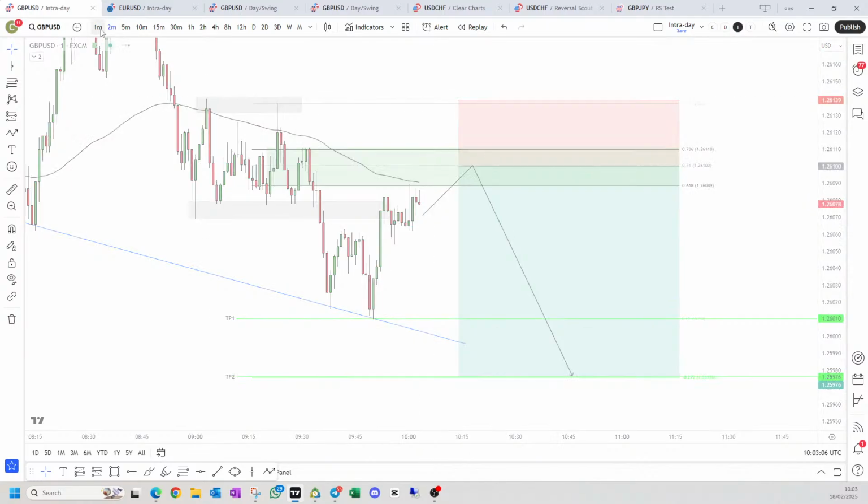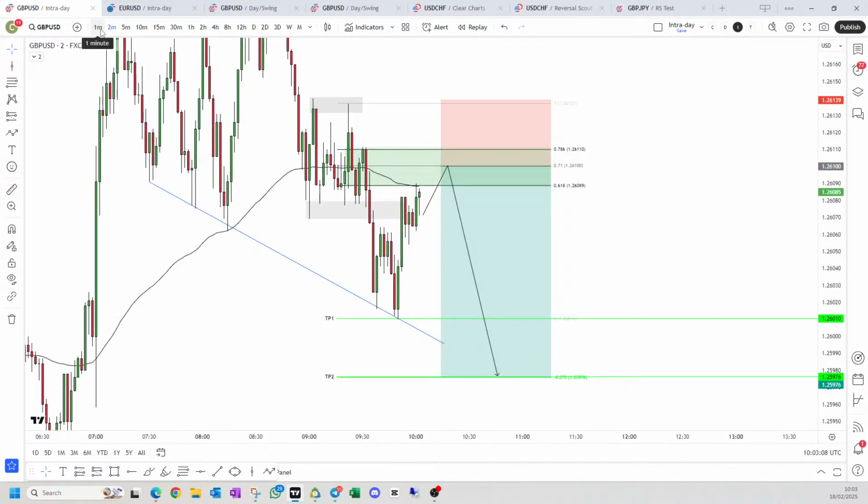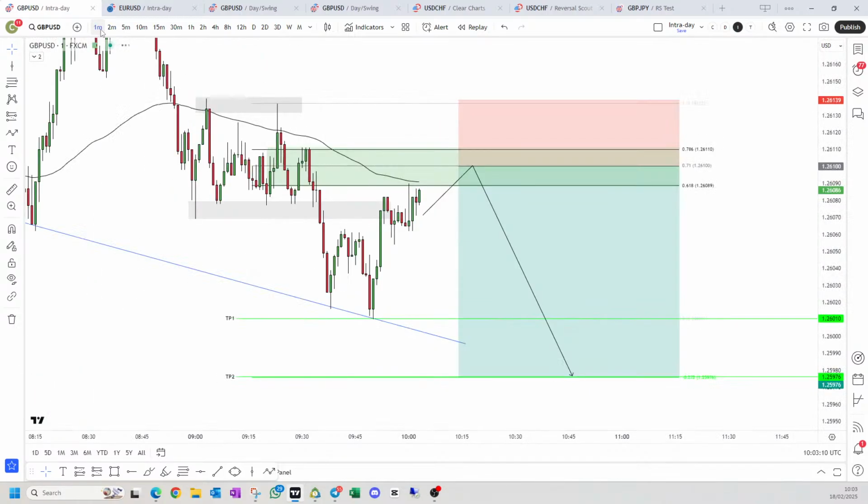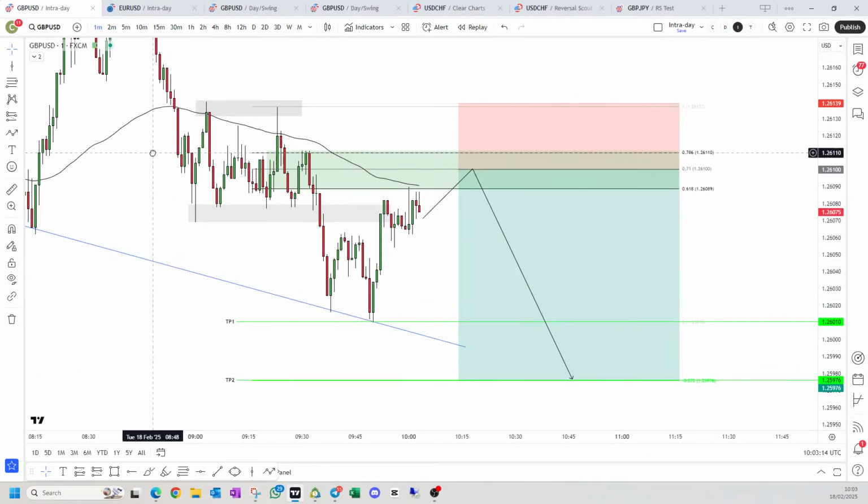So spinning top. It's not quite off the 61 though, is it?